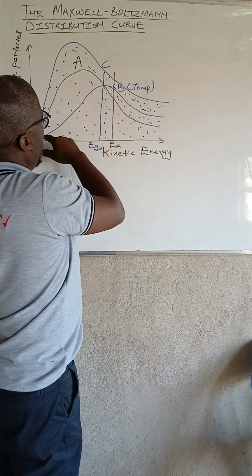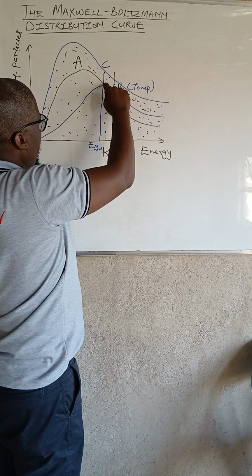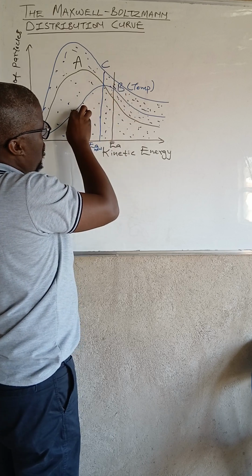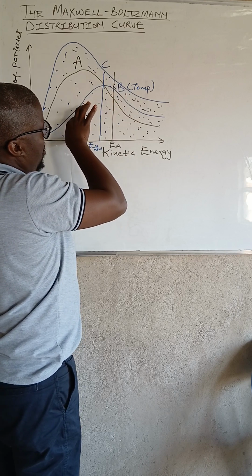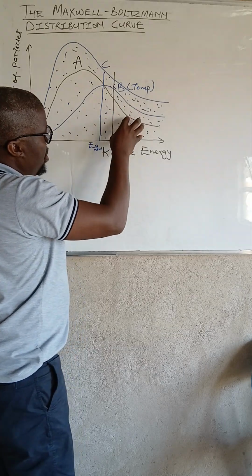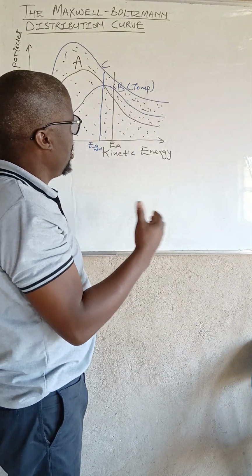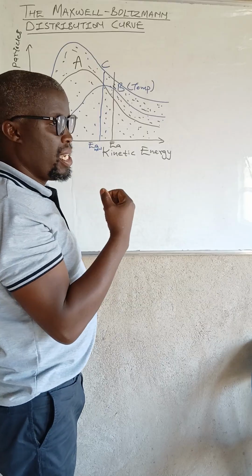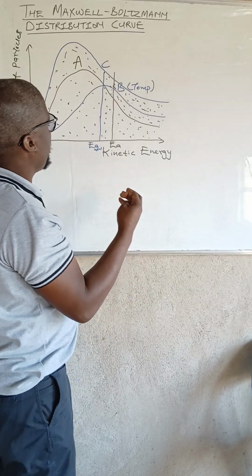Increasing temperature decreases the number of particles in this region, and it increases the number of particles in that region. We'll have more particles with enough kinetic energy to give us effective collisions.